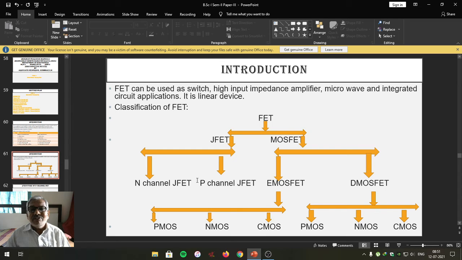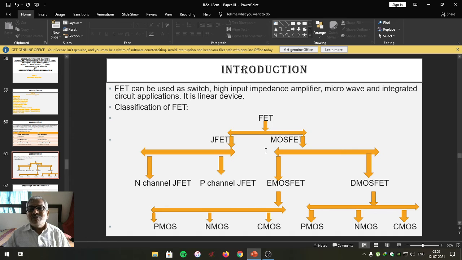Second type of junction FET is P-channel FET. Here the channel is of P type. Means here current is conducted only by means of positively charged carriers, that is by means of holes. Hence this FET we call a P-channel junction FET. Junction FETs are two types. One is N-channel FET, second one is P-channel junction FET.